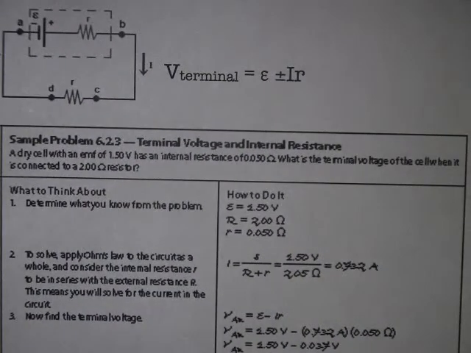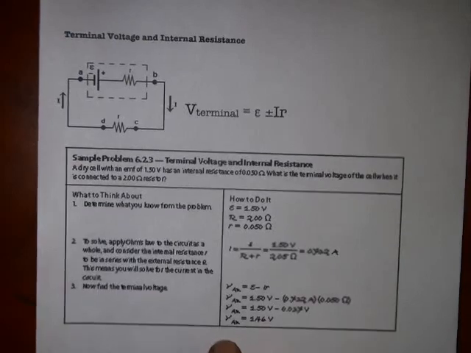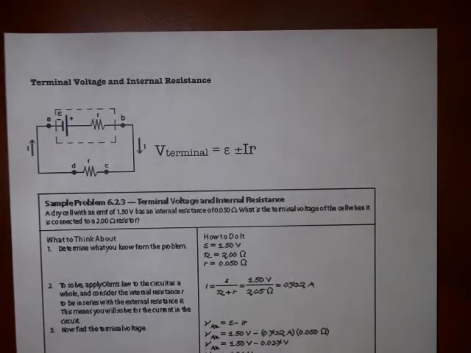Okay. Now, last thing we want to do is talk about terminal voltage. Terminal voltage means how much voltage is at the terminals of a battery, for example. Batteries are typically rated at, like dry cells are 1.5 volts, but there is a certain amount of resistance inside the battery itself that actually lowers it. It's not going to lower it by a lot, but it's going to lower it by a bit.